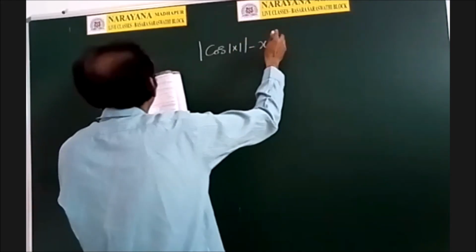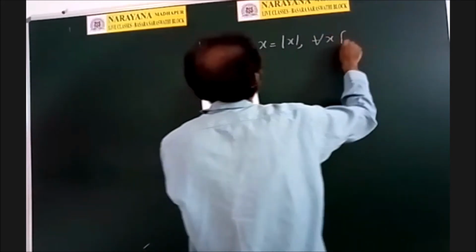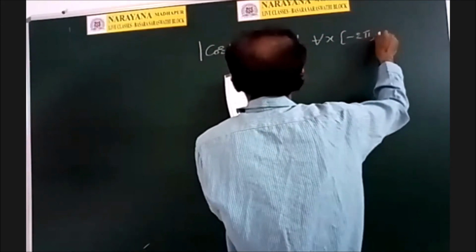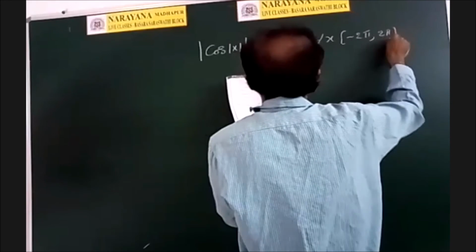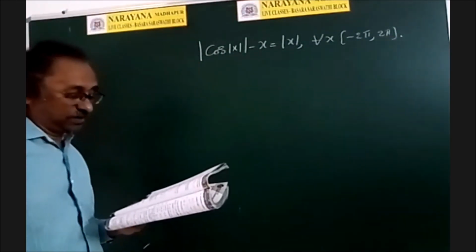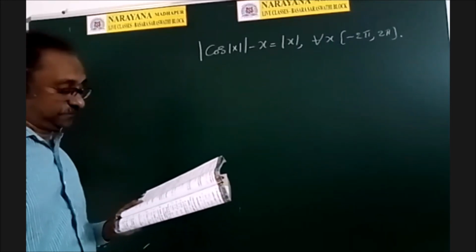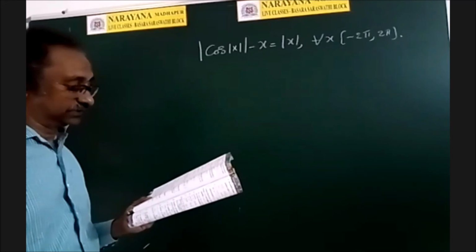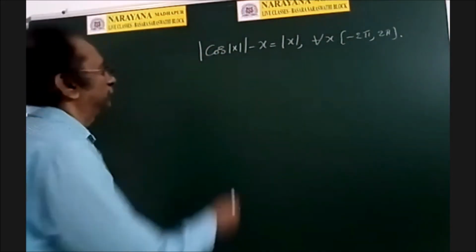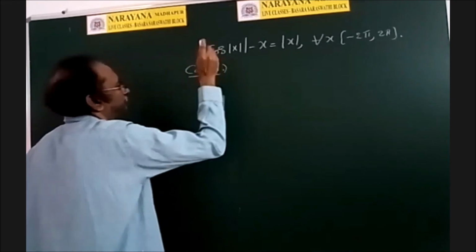See, the number of solutions of the equation modulus of cos mod x minus x is equal to mod x, for all x belongs to the closed interval minus 2 pi comma 2 pi. That is the question. Now case 1, whether x is positive or not, that is the question.